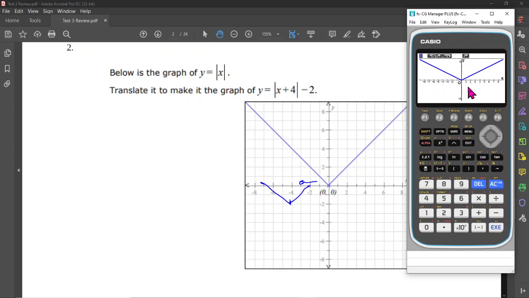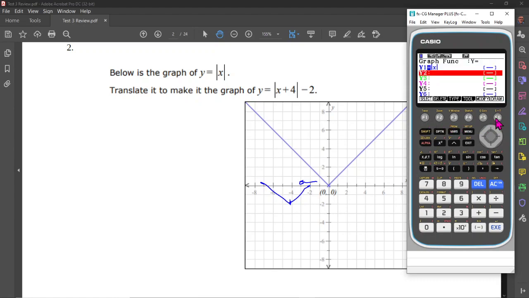So that's supposed to be square. Oh, maybe we have to square both of them. Okay, so if we do that, now it should make it square. Yeah, so there we go. It's square.